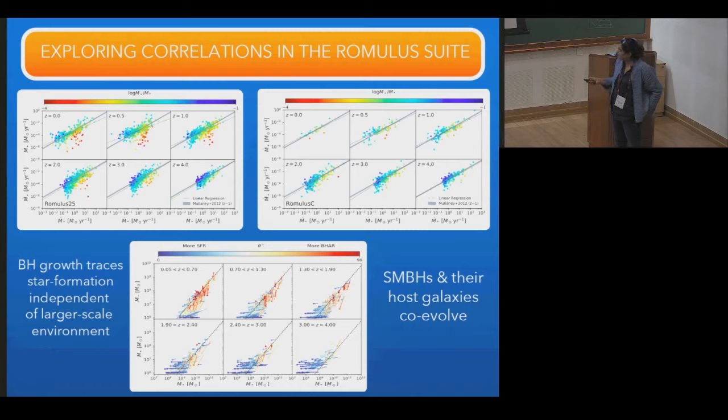And you can also, like that plot I was showing you about the tracks of how the black hole grows over time, construct these tracks from these simulations. You can extract and see how the black hole is growing in the black hole mass, stellar mass plane, how the mass assembly proceeds, and the idea is co-evolution, right? So the big conclusion here is black holes and their hosts co-evolve over cosmic time, okay?